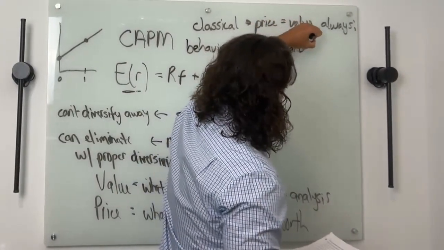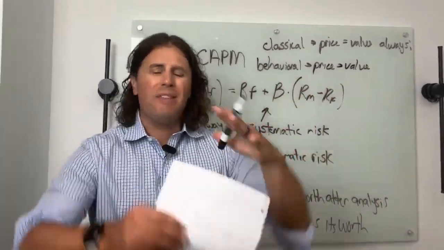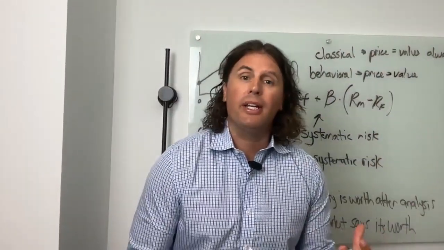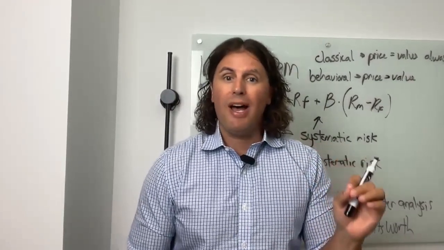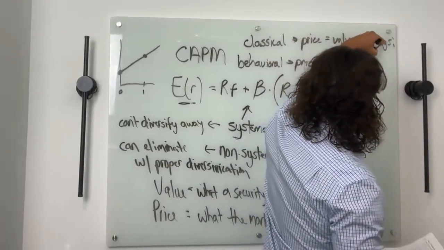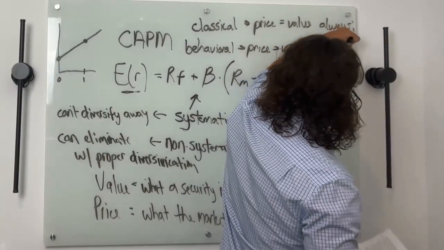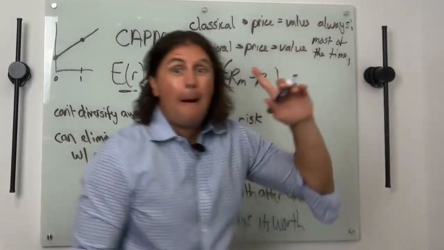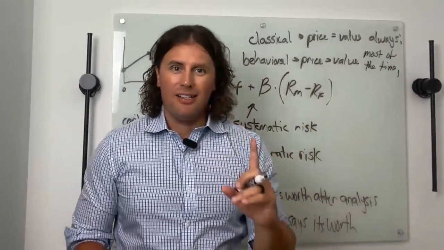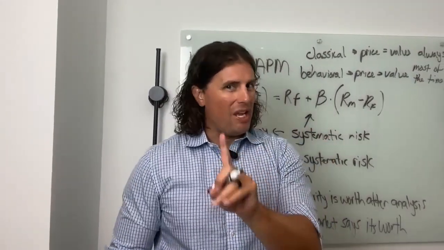And I think that's an important point to make here, that it's not a free-for-all in the markets. We believe that price equals value most of the time. But here's the catch: most of the time, but we have questions.